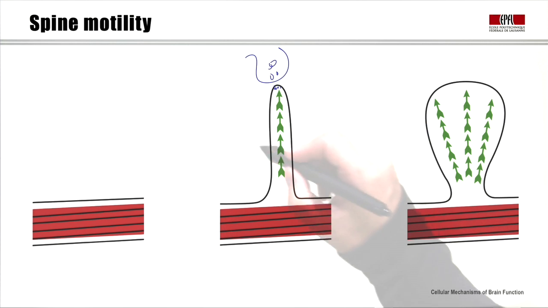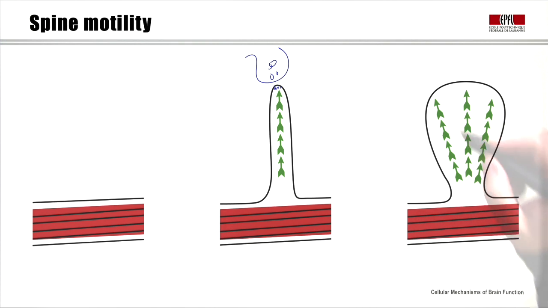And if that synapse turns out to be successful and useful and is perhaps further strengthened by additional long-term potentiation, there would then be a spine growth process where more actin polymerization would induce an enlargement of that spine.